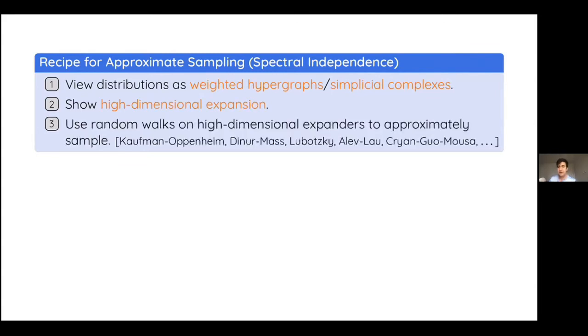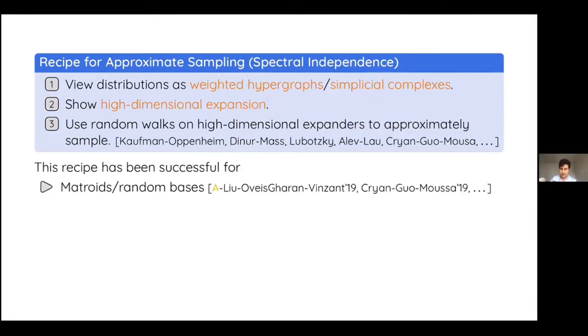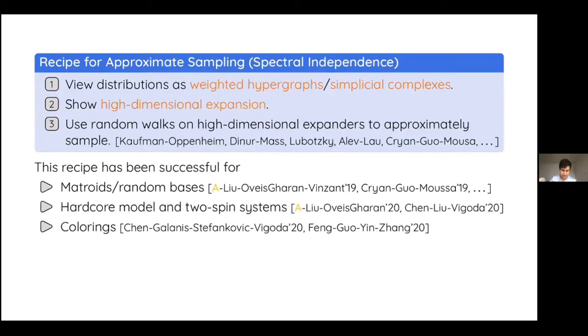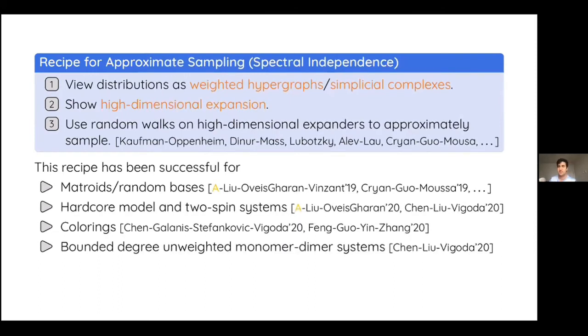And then once you show this, you get automatic sampling algorithms. There are natural random walks that people have studied in the context of high-dimensional expanders, and as long as you have high-dimensional expansion, they mix fast. This recipe has been successful for a bunch of different distributions, but maybe in the interest of time, I'll just skip these.